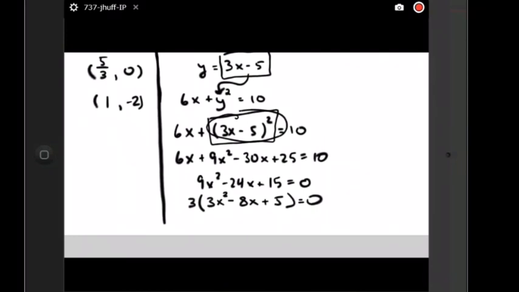That'll work. And we could actually just divide by that 3 to get rid of it, because on the right side, 0 divided by 3 stays 0. So I'm just going to go ahead and get rid of that 3 altogether.